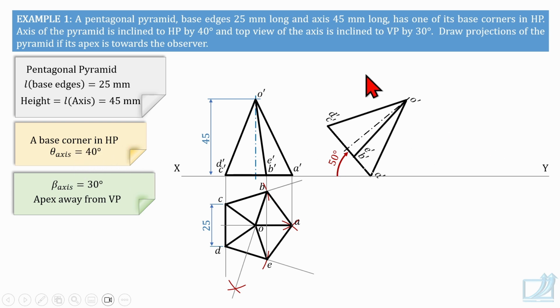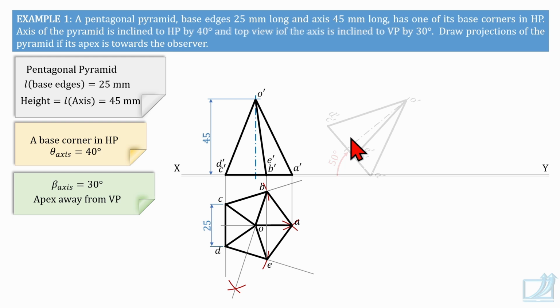So how to draw this front view in the second stage in this way? Let's study. First of all, mark a point at a convenient distance. This distance is slightly greater than the base length in the front view. This is corner A. Out of these 5 base corners, one corner you are going to keep on the XY line.